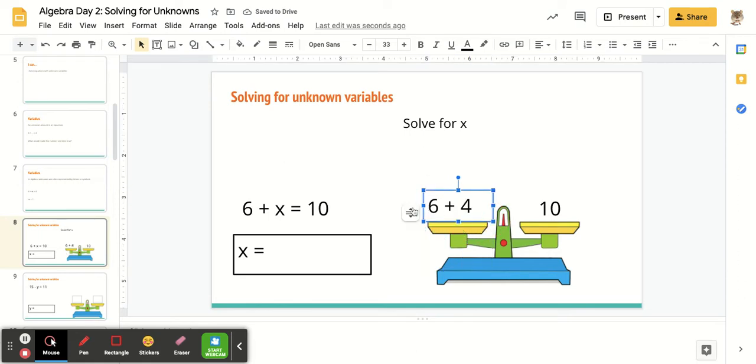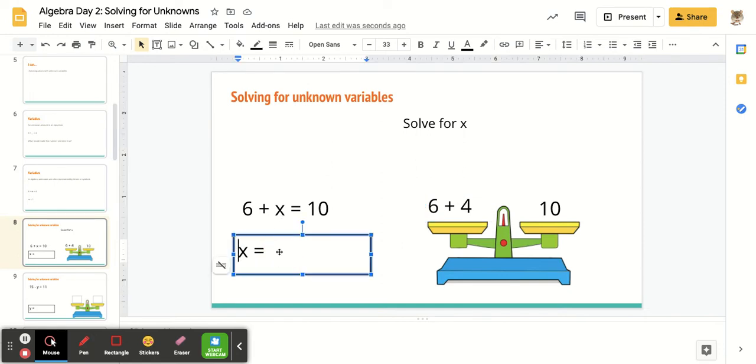So I know that if I add 4 to 6, I will get the same as 10. So this side is equal to this side, which means that this variable x would be replaced by 4. So x equals, I would write my answer in here, x equals 4.